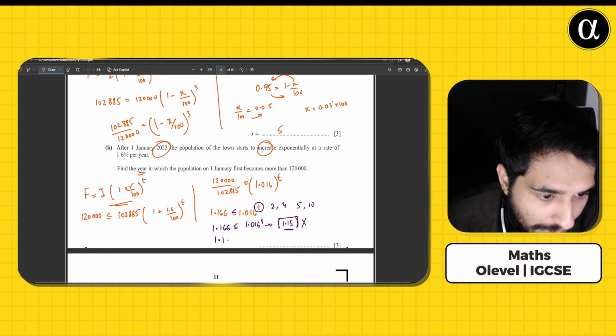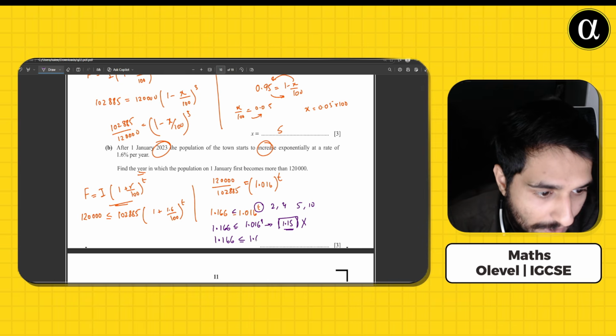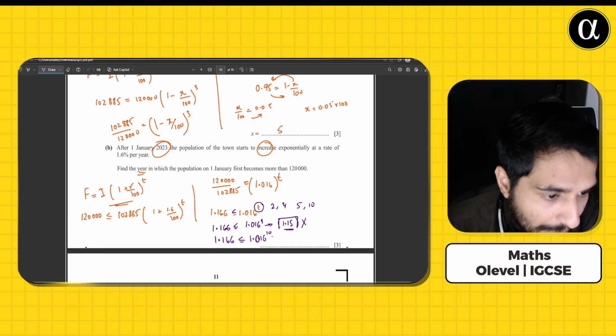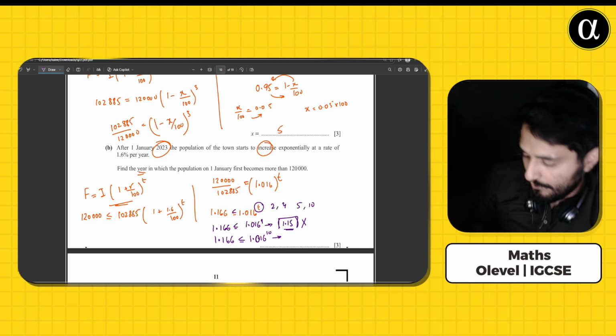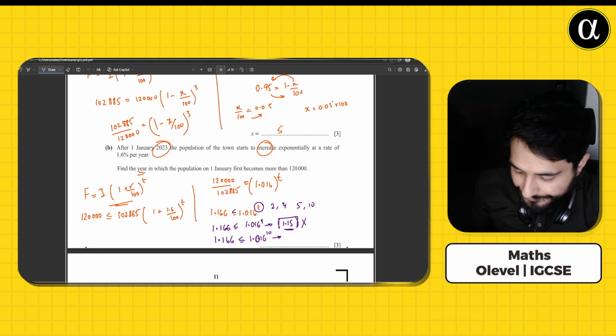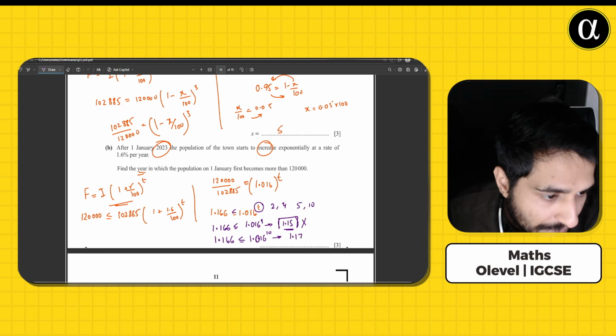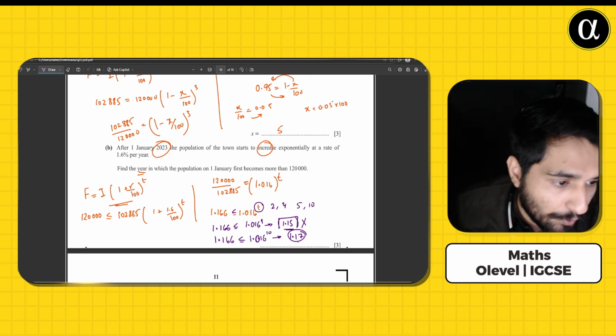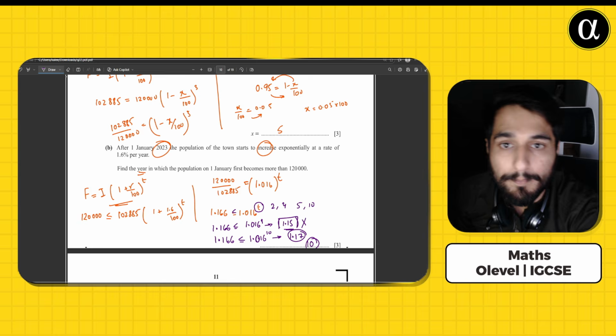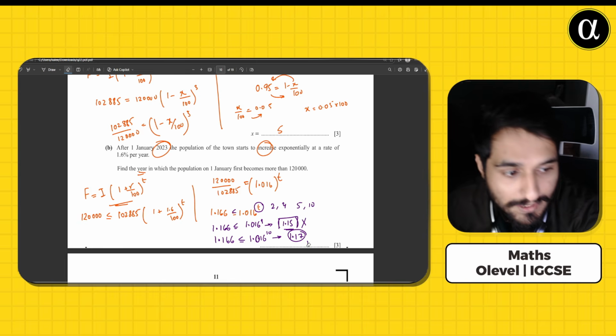So what I'm going to say, 1.166 is actually less than the value for 1.016 with the power of 10, because this results in the value 1.17. So this value itself is greater than 1.166, which means the time is going to be 10 years. But let's see what the examiner demanded.